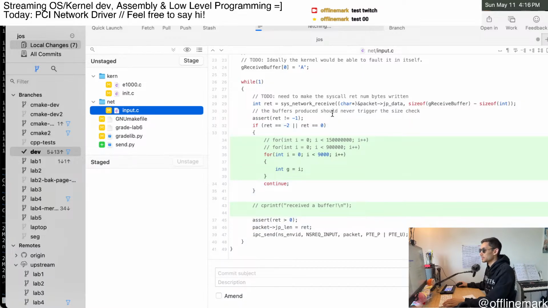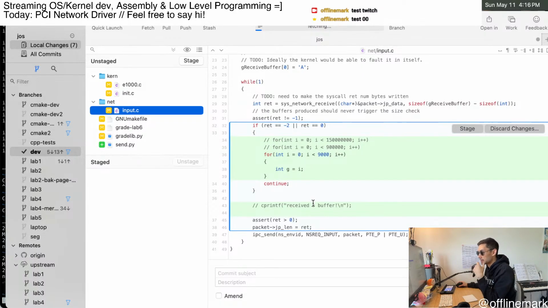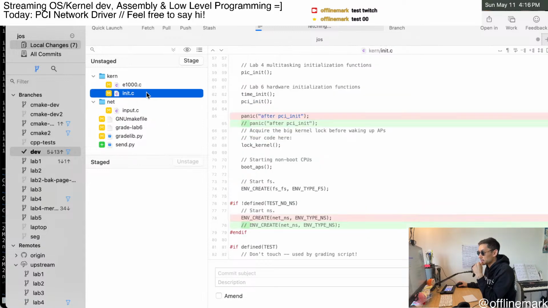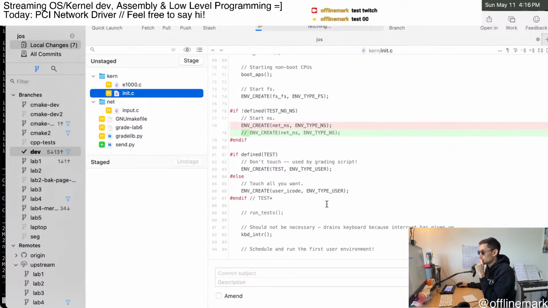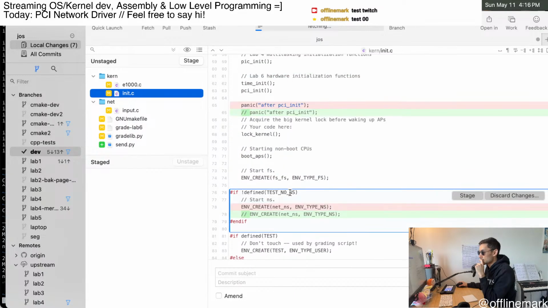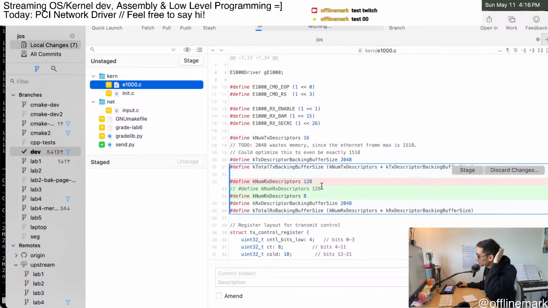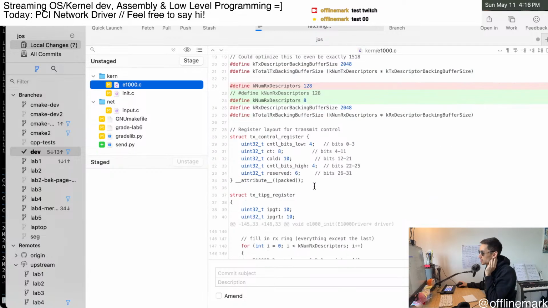During development, I have this fake sleep in there to slow things down. Maybe I will just keep that in there for the moment. Then this is a temporary change to reduce the number of RX descriptors.